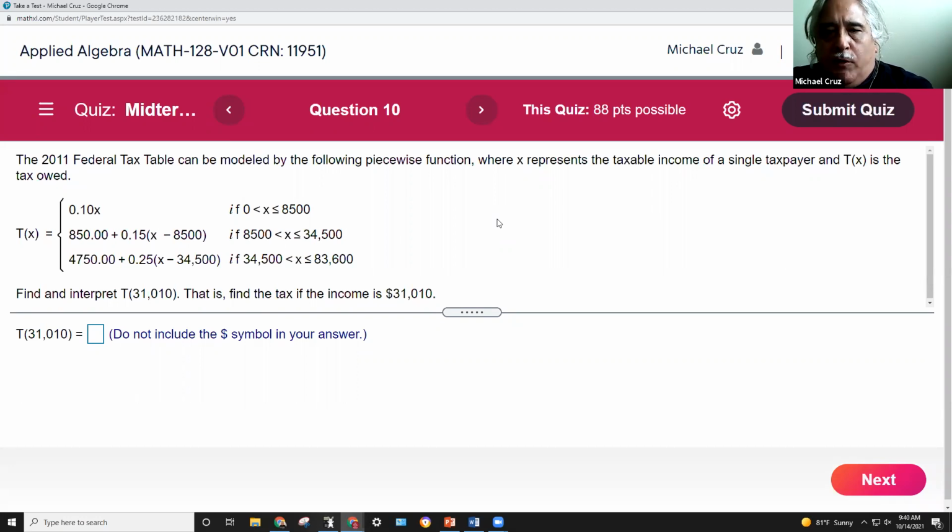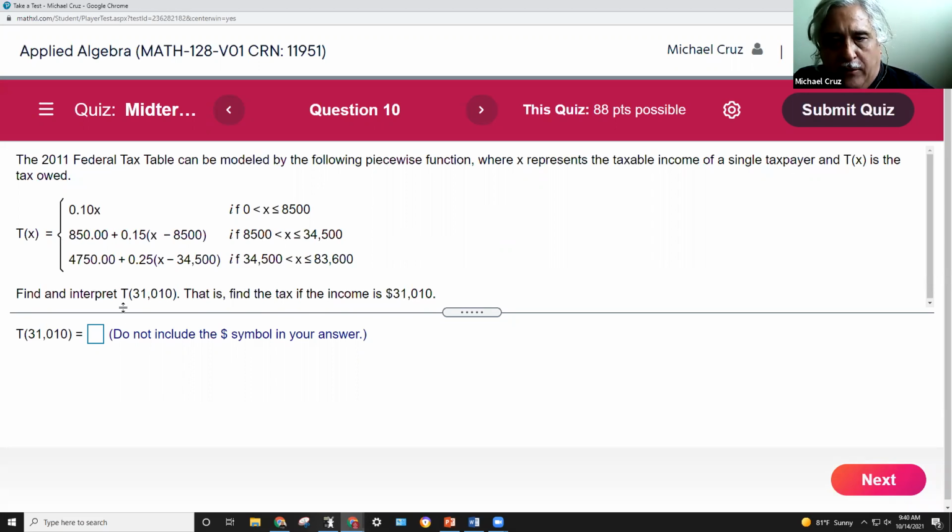All right, so this is one where we're just going to look at this and evaluate. T is a function, and x is the input. It says find and interpret this.